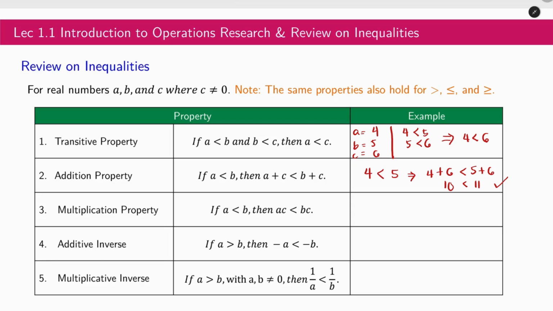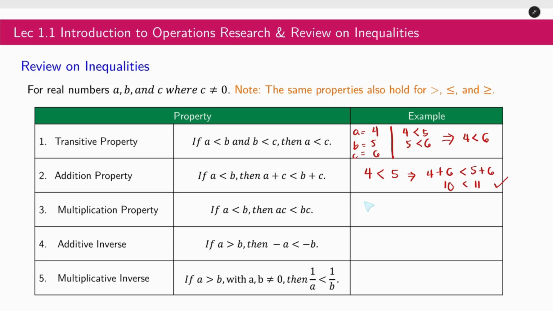Third, multiplication property. If A is less than B, then A times C is less than B times C. This one is similar to the addition property. Kung magdadagdag tayo ng same number sa both sides ng inequality, the inequality symbol will still be the same. Hindi magagalaw yung overall relationship ng left and right doon.